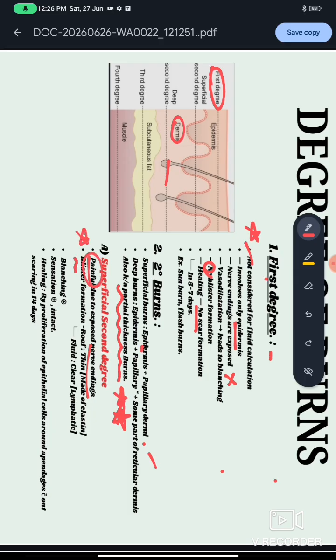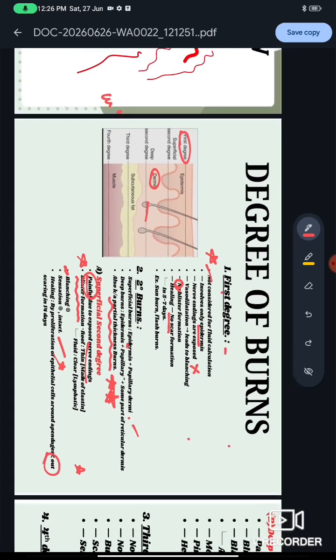There is blister formation. There is blanching. And since the nerves are exposed but still present, the sensation here is intact. Healing occurs by the proliferation of epithelial cells and appendages without scarring. No scar is seen. Moving further.